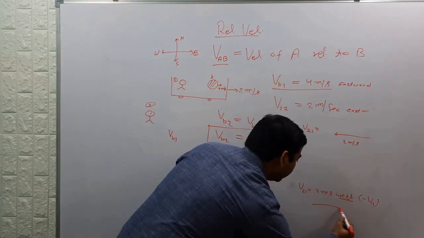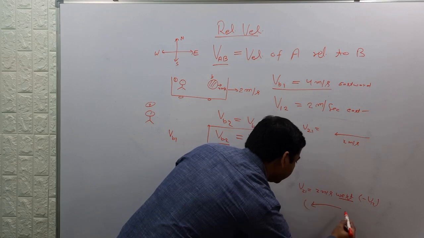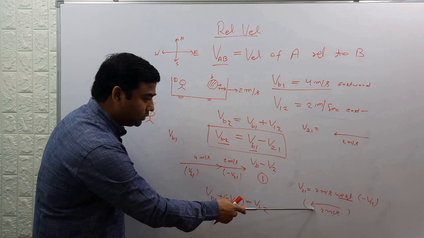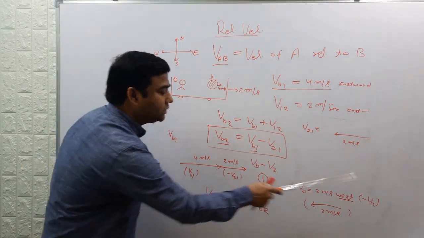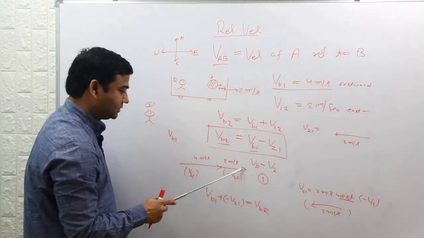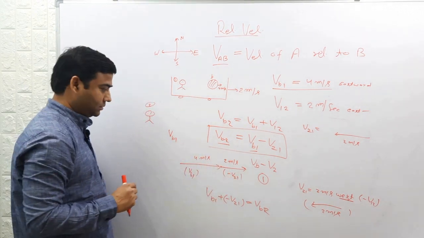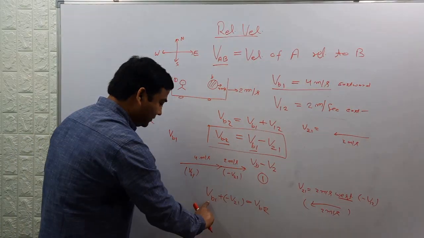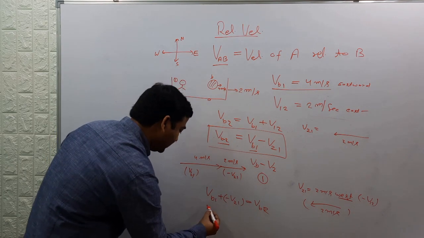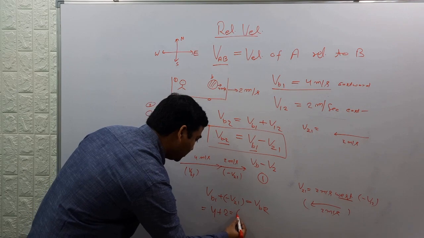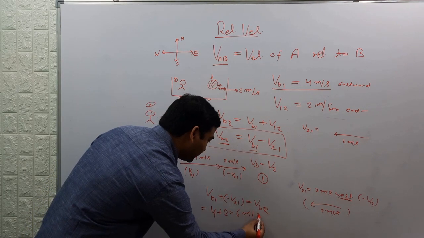This is actually the V21 vector, with magnitude 2 meter per second. Hence the opposite of this vector is minus V21. So when we add VB1 and minus V21, 4 plus 2 is equal to 6 meter per second.